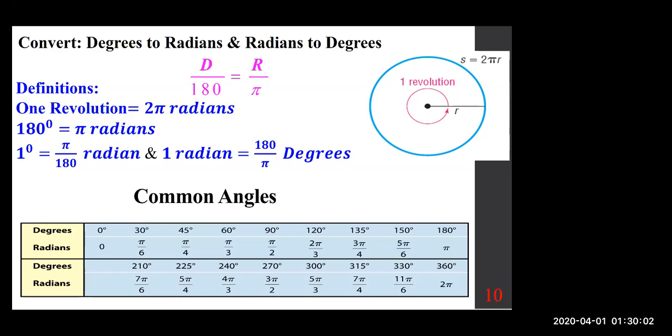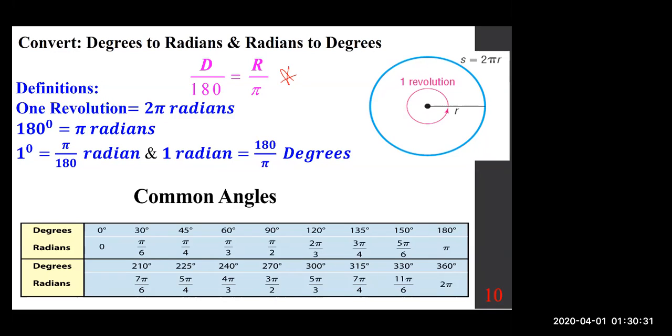So instead of going over the rest of this, just remember this formula, class. This is a very easy formula to remember because everybody knows 180 equals pi. Instead of saying 1 degree is pi over 180, 1 radian is 180 over pi, just remember this formula. I have put those two concepts together for you. Sounds good?